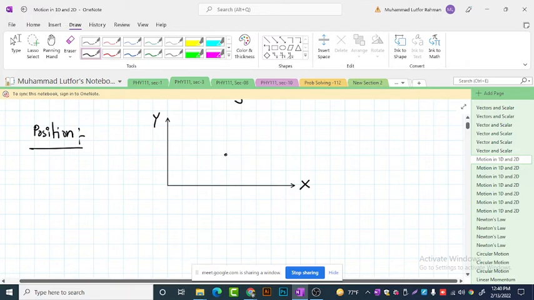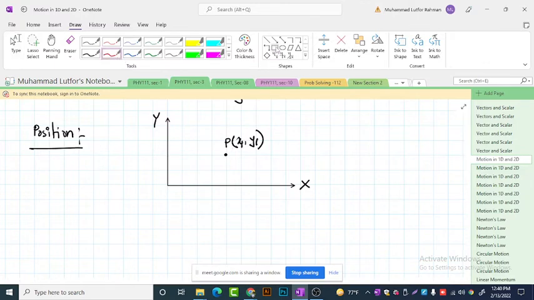Say the particle is at position P with coordinates x and y, or I can say x1 and y1.